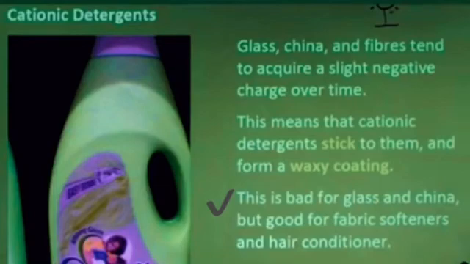However, it's good for fabrics and hair conditioners because by removing those negative charges, it tends to make them feel a little bit softer and a little bit less harsh. So they use it in fabric softeners a lot.